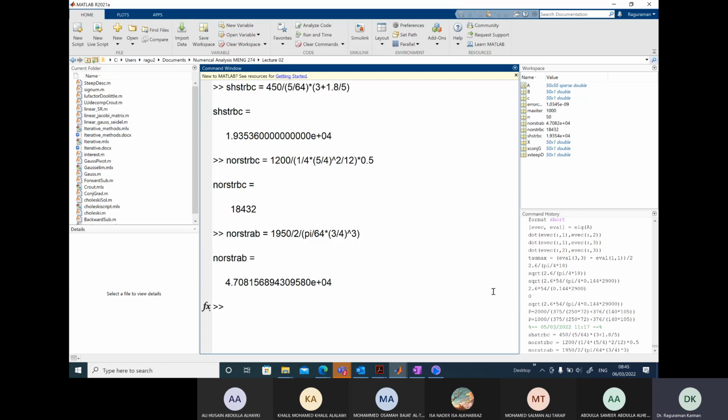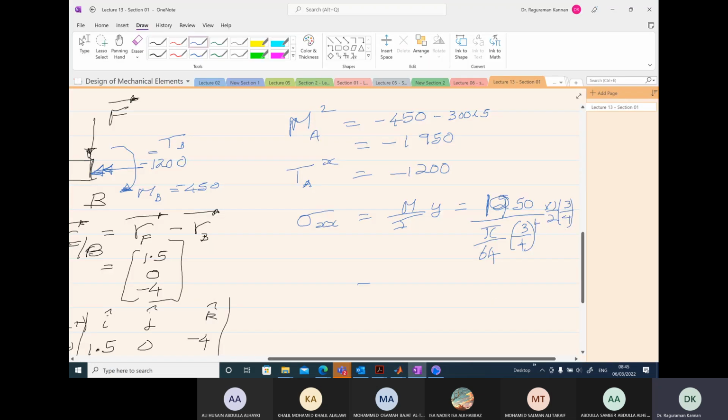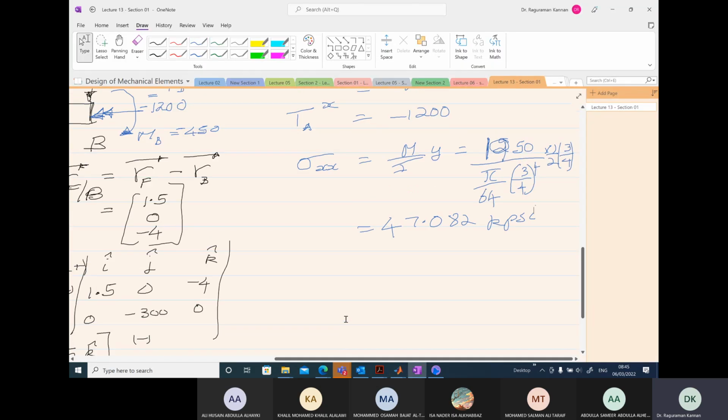Okay, so we get 47.082. This is the sigma xx value, and we can also calculate tau.